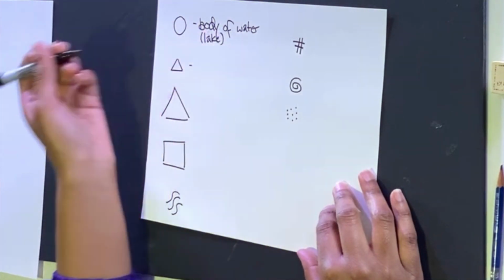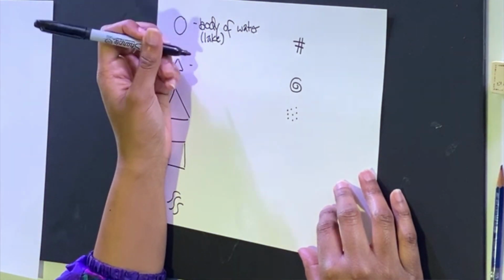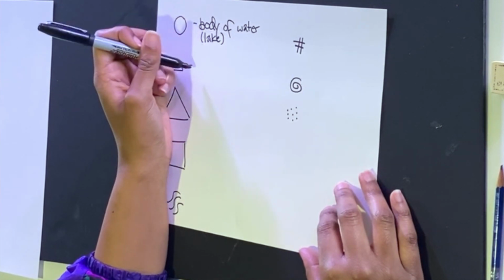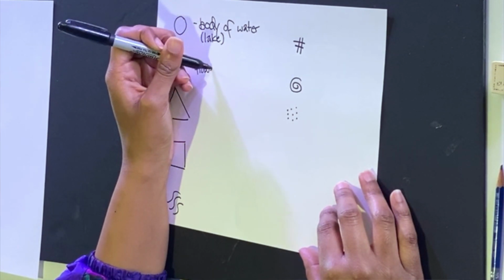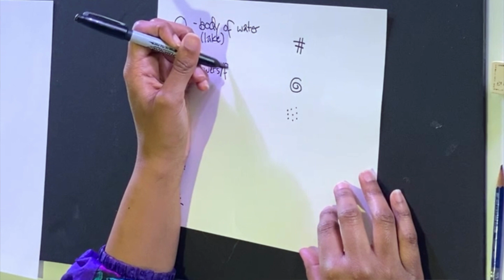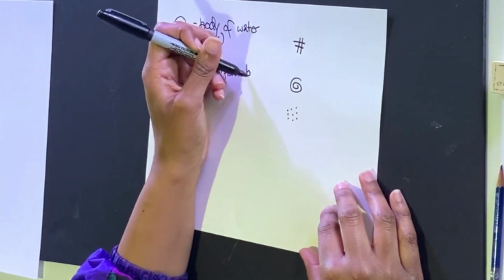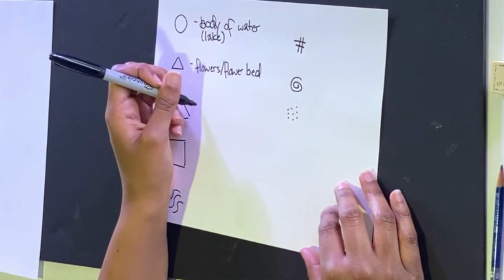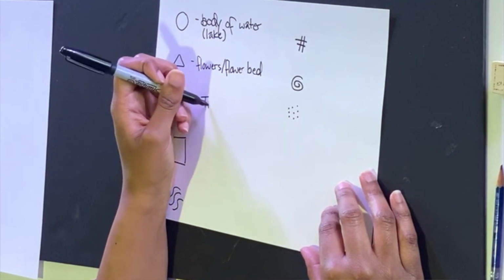We have our small triangle, which might be maybe flowers, or a flower bed. Our bigger triangles could be trees.